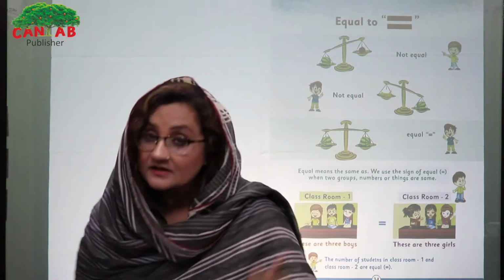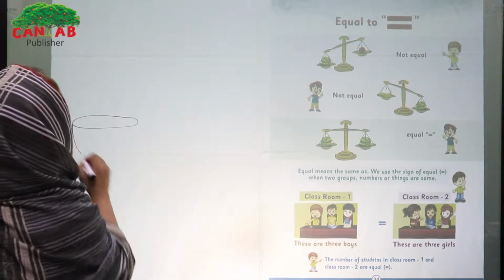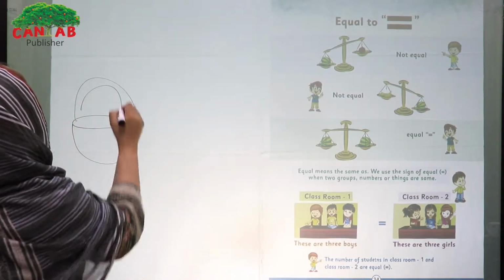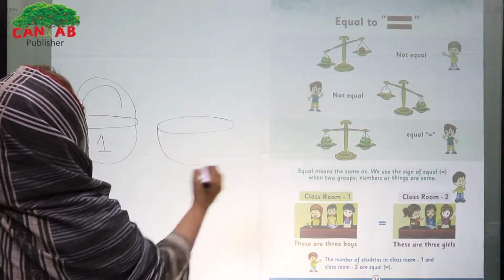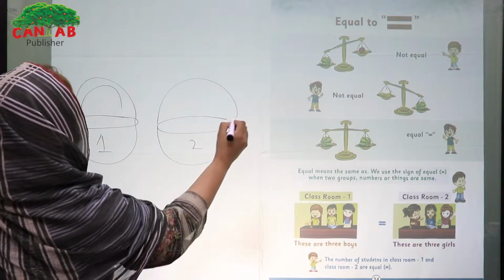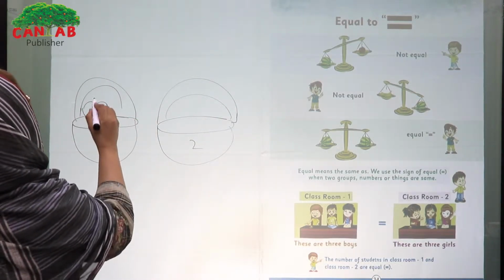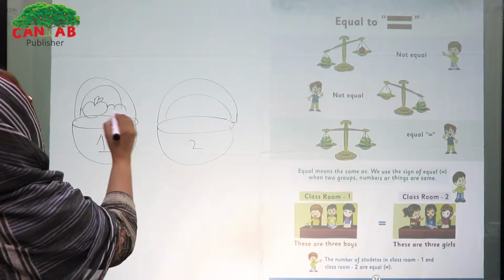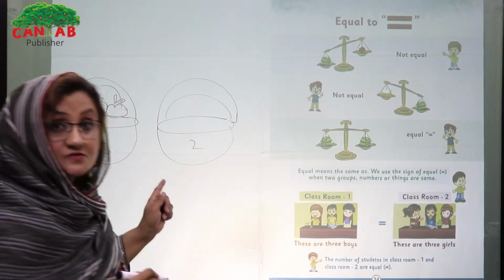Now look at the board. Well, this is basket number 1 and this is basket number 2. Now look at here. Basket number 1 has 2 apples.